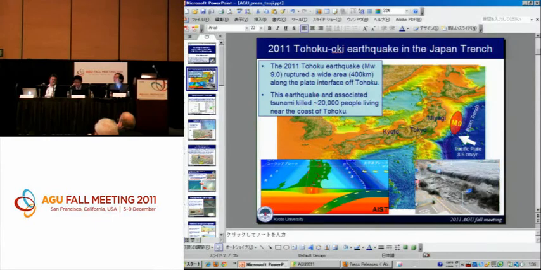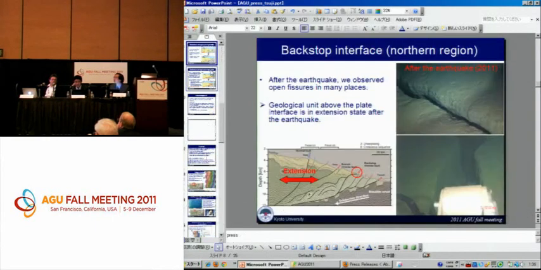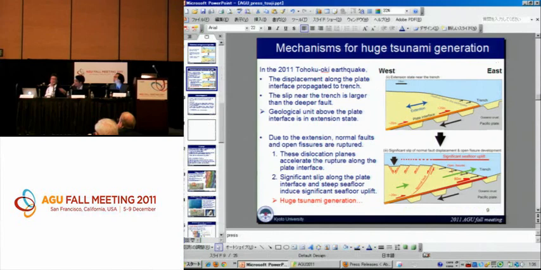But after this earthquake, we think we should consider rupture propagation to the trench, the trough axis in the case of Nankai Trough.